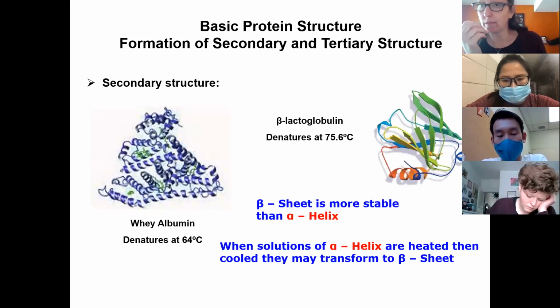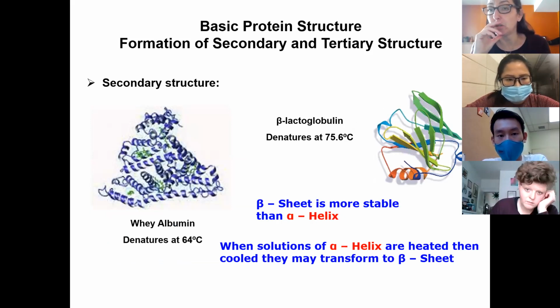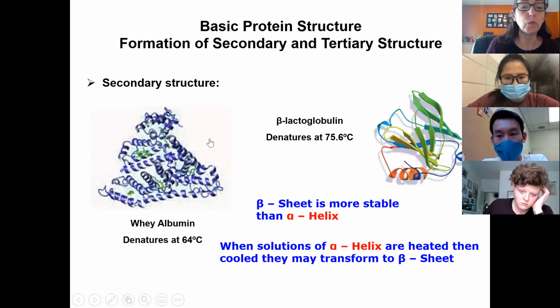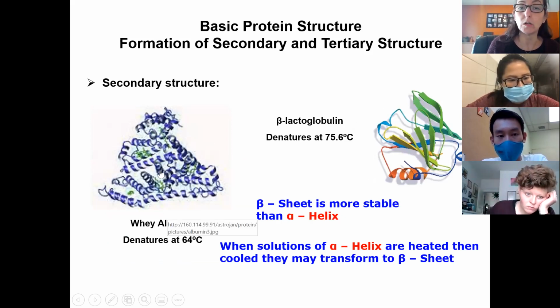One thing, for example, that relates things together is denaturation temperature. You see that some proteins have lower denaturation temperature than other proteins. If we look at the makeup, this one is mostly alpha helix secondary structure in a globular shape.